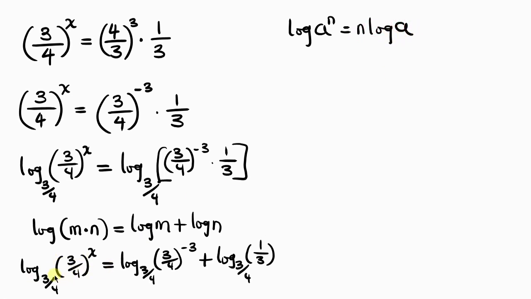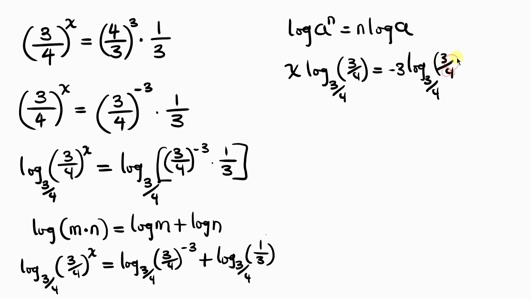So this expression now becomes x log base 3 over 4 of 3 over 4 equal to, here we have negative 3 log base 3 over 4 of 3 over 4, and then plus log base 3 over 4 of 1 over 3.